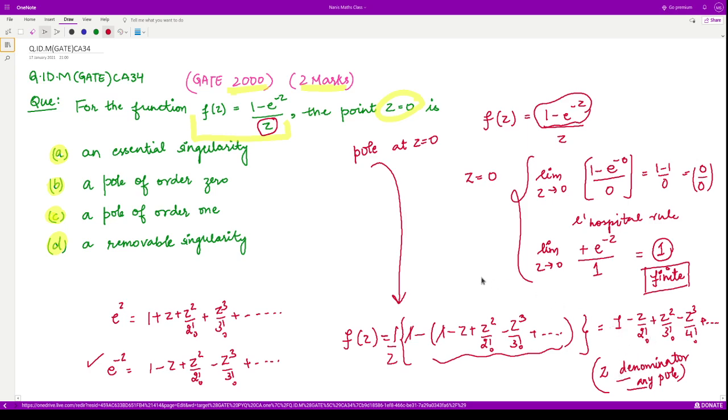So from here we conclude that the given function has a removable singularity. So that is the definition for removable singularity. So here option D is the correct option.